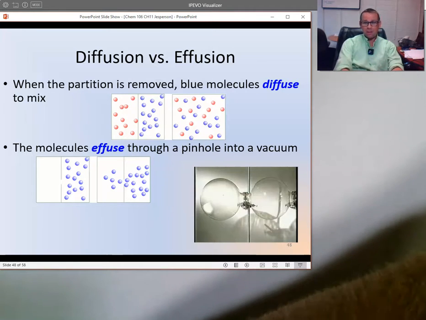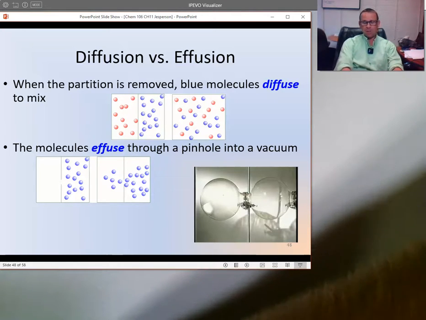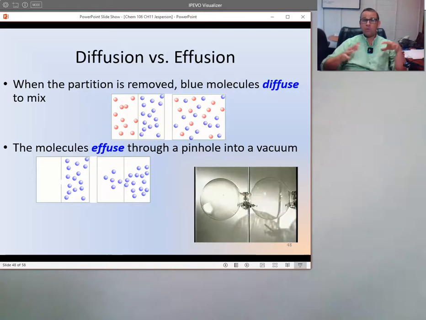They're going to be able to smell this perfume because it slowly, what we call, diffuses into the room. And how fast it diffuses will be related to how fast it can move, and its motion will be related to the mass of the molecule of that gas.